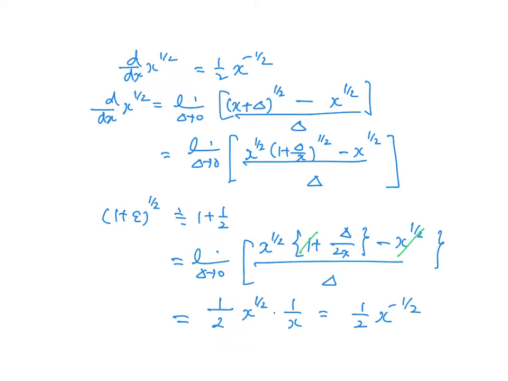So if we differentiate the square root of x, it becomes 1 half times 1 over the square root of x. Even though you probably memorized this formula in high school, now you know why this is true. Right? So, can I go on?